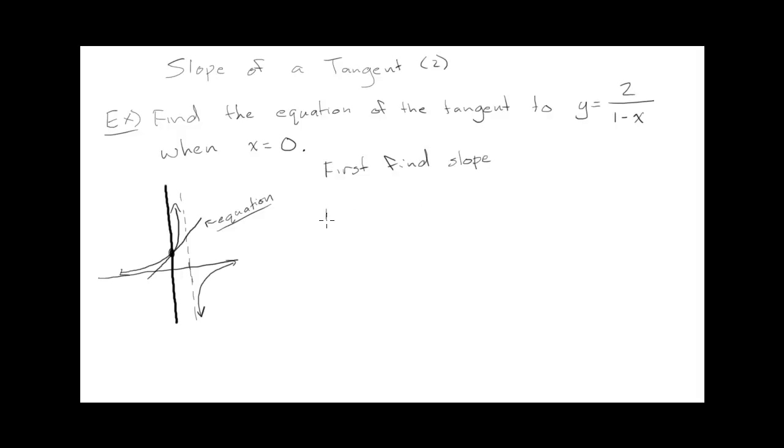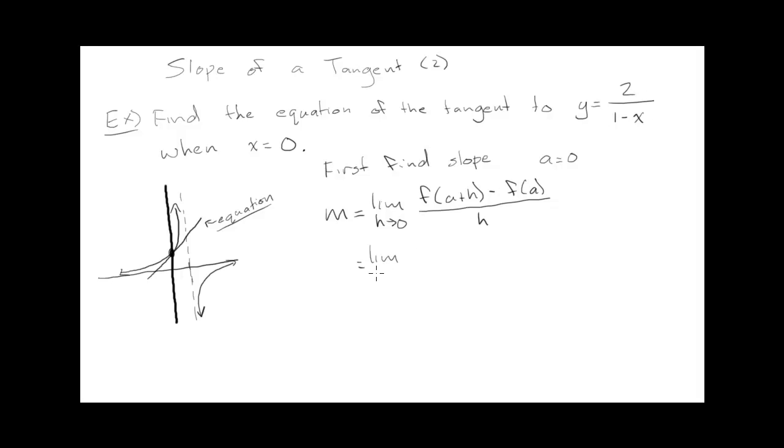That's that new formula. So we know that m is equal to the limit as h goes to 0 of f at a plus h minus f at a, all over h. So where a is 0 and f is this.